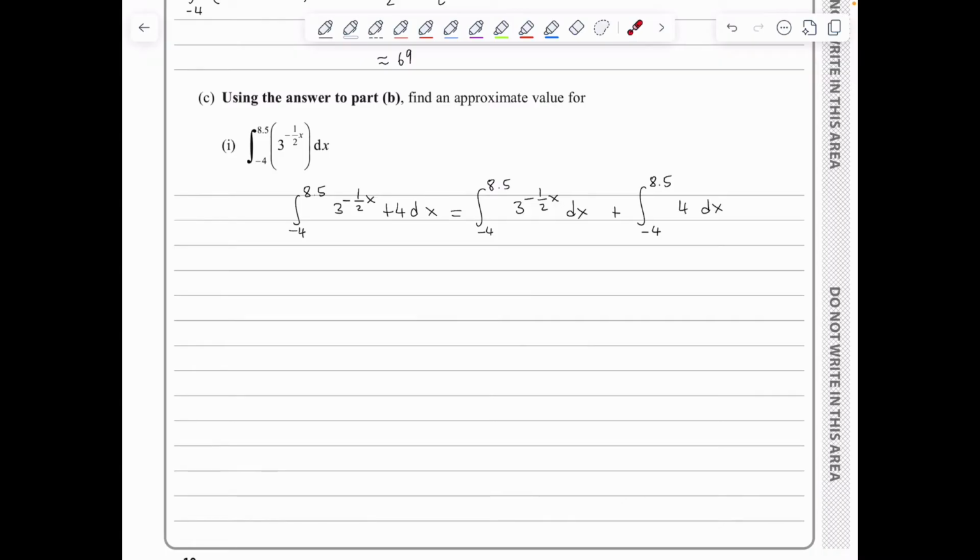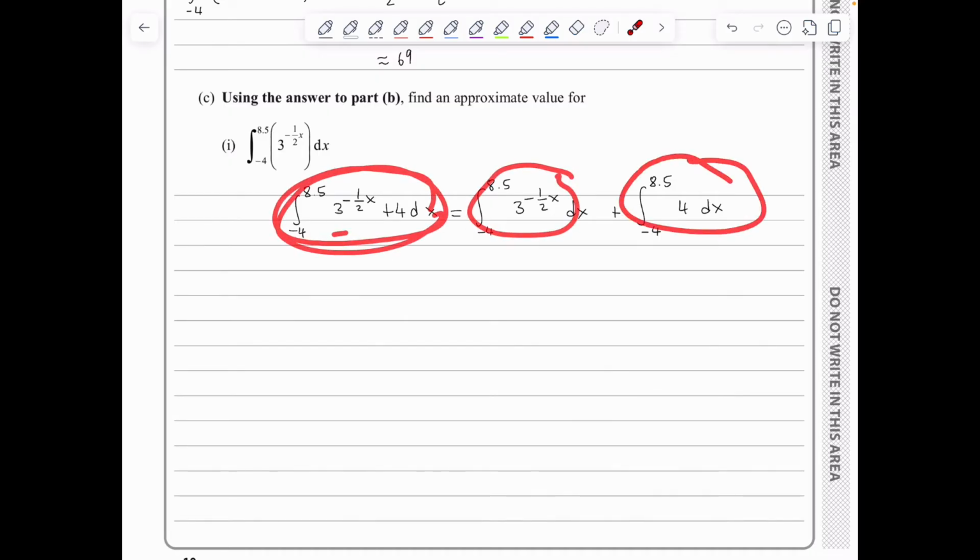So the idea here is that the integral of the sum is the sum of the two integrals. We're trying to estimate this. We already have an estimate for the left-hand side, and I can obtain this analytically.